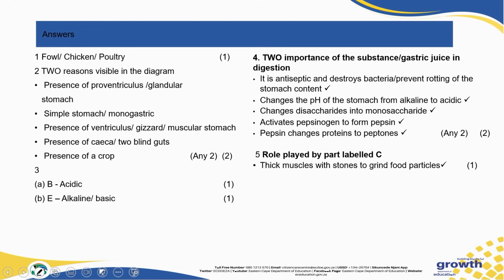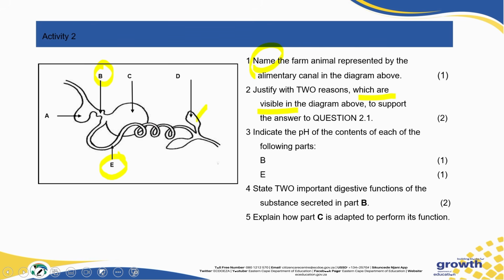And then a question about justification by what is visible in the picture. It has a simple stomach, that is a monogastric stomach. The presence of gizzard or ventriculus. The presence of ceca, that is the two blind spots.